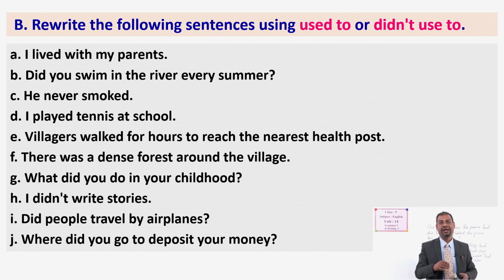Before you start doing, I would like to tell you an example. A, here is given "I lived with my parents." Now it means "I lived with my parents" means this activity was done in the past. So you have to use "used to." For it you can write down "I used to live, L-I-V-E, with my parents." Now I want to write it down on the board.